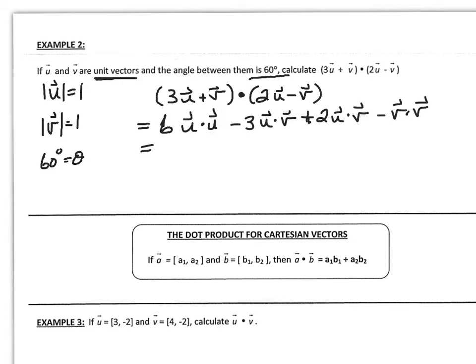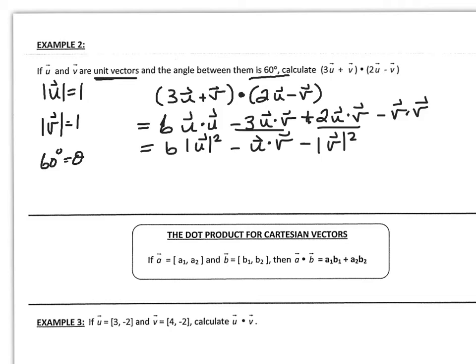From the property that we learned previously, so 6, the u dotted with u, remember the angle is 0 between these, so we end up with the magnitude of u squared. The negative 3u dotted with v and the positive 2u dotted with v, we can take those as almost like terms. So it's a negative u dotted with v, and then a negative magnitude of v all squared.